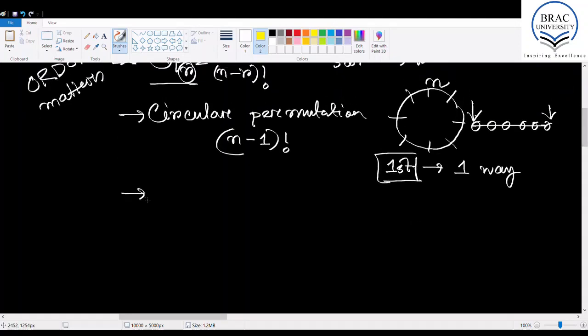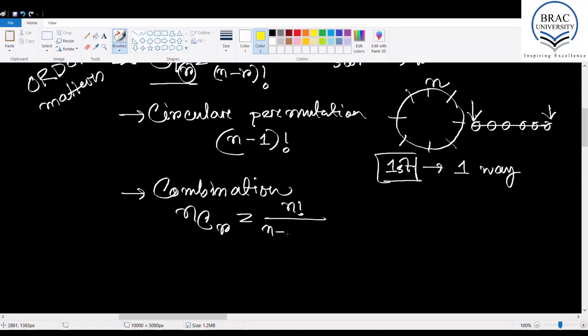Okay, and at last we studied combination. We know the formula nCr equals n factorial divided by n minus r factorial into r factorial, right? So it means in how many ways can you choose r different elements out of n? I repeat, you choose r elements.